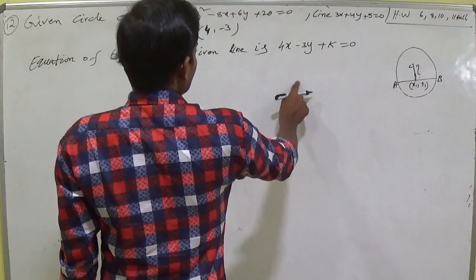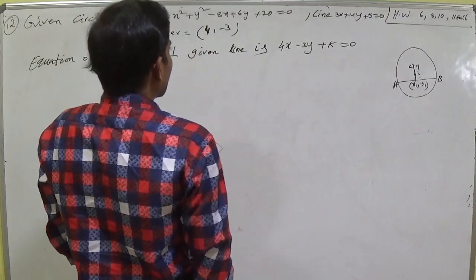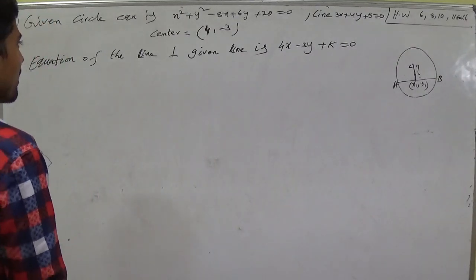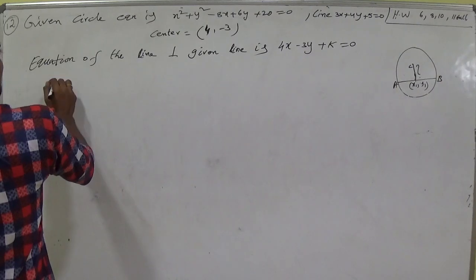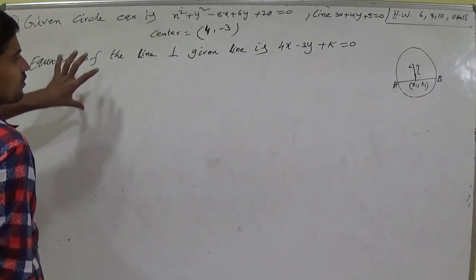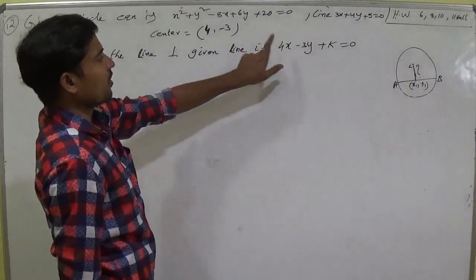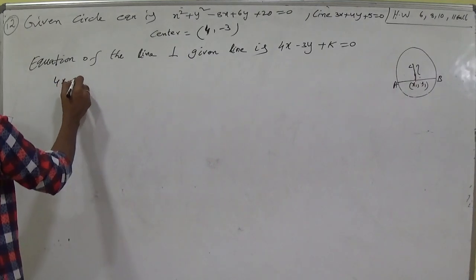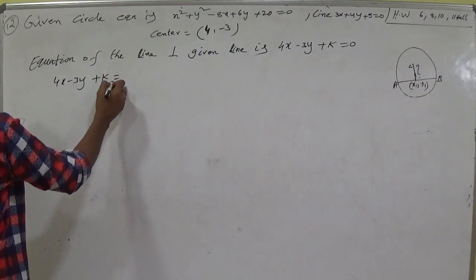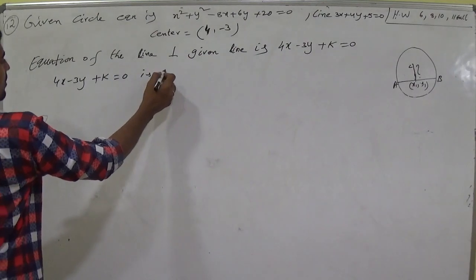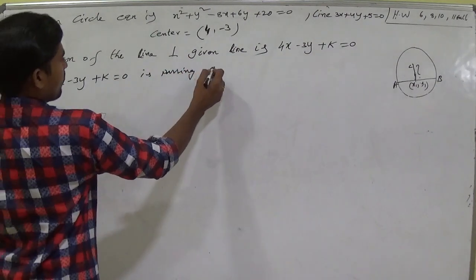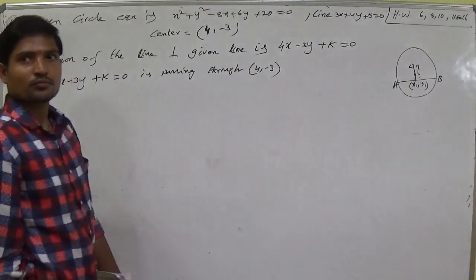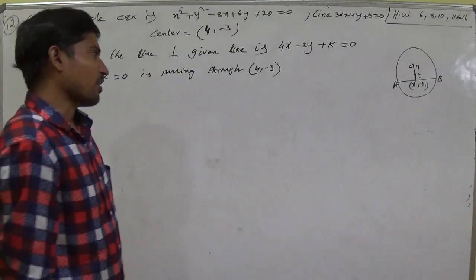Then the required line equation is passing through the center. This 4x minus 3y plus k equal to 0 is passing through (4, minus 3).